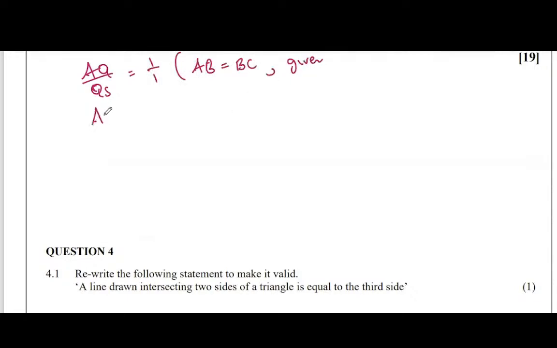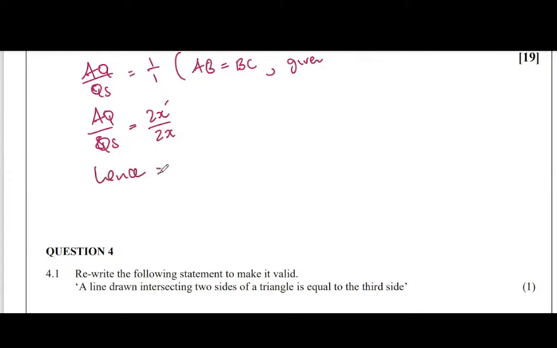Which means our AQ over the QS was 2x over the 3x. 2x over the 3x can also be multiplied by the same thing, just cancel that out. Is it canceling out? Nope. Let me just erase this. We're saying AQ over QS is also going to be 2x over 2x, since the ratio is 1/1.